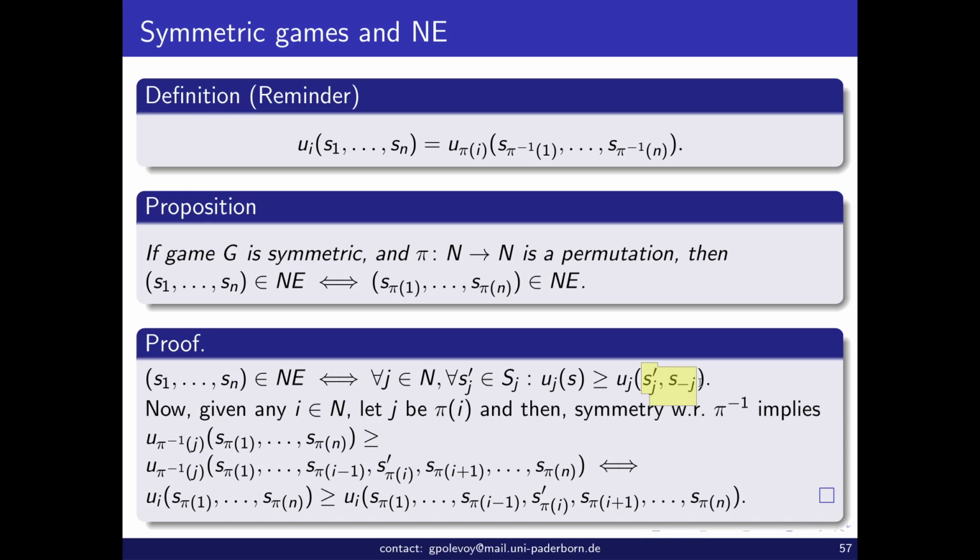Now what does this deviation mean? The player whose P is j changes. Which player has P equal to j? P of i is j. So P of i changes.